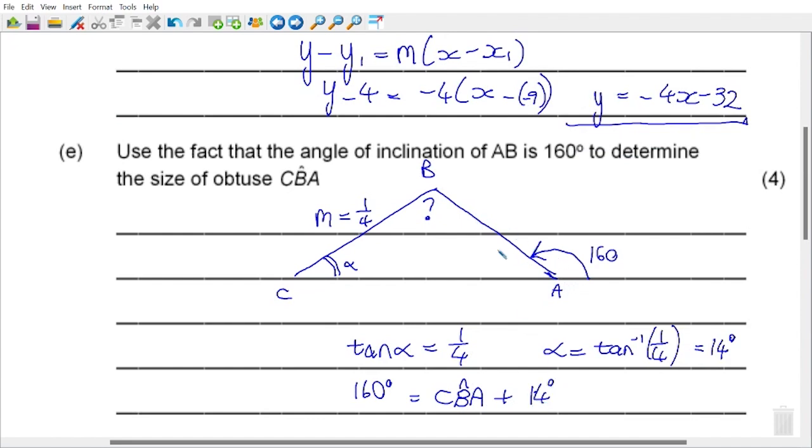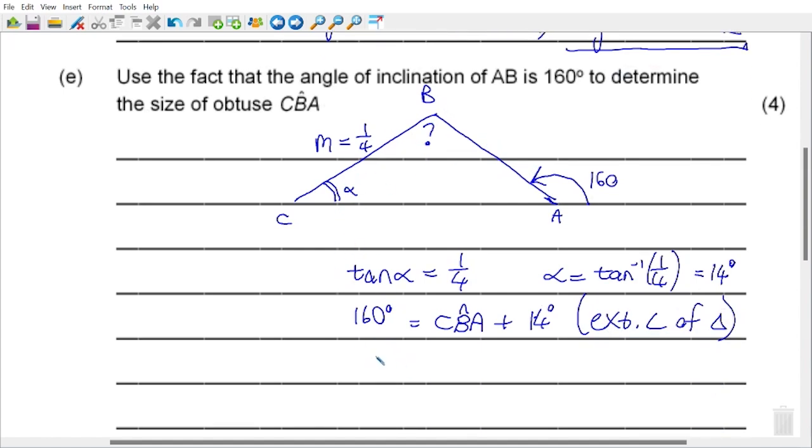And the reason for that is that the exterior angle of a triangle is equal to the opposite interior angles added together. So in fact, CBA is going to be 160 minus 14 degrees, and that comes to 144 degrees.